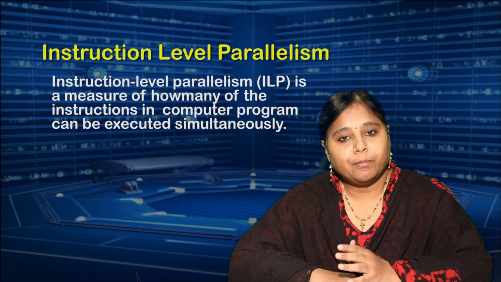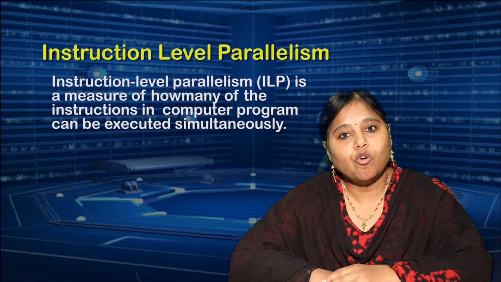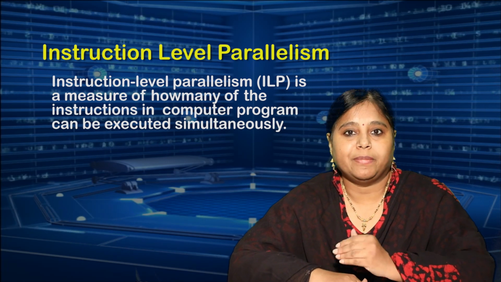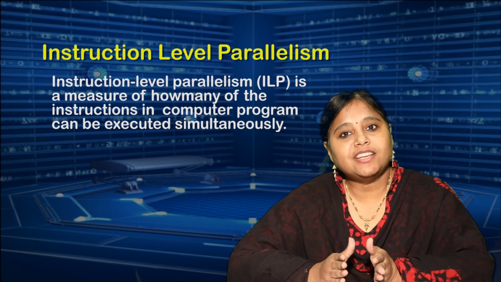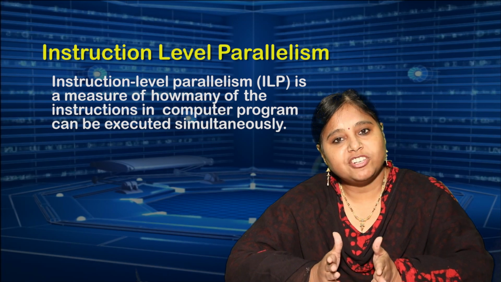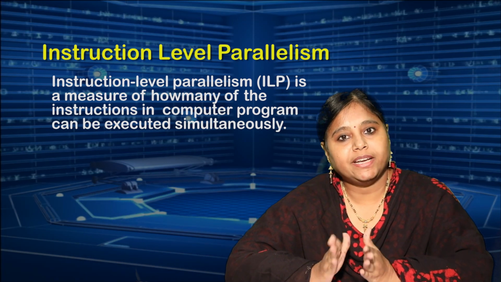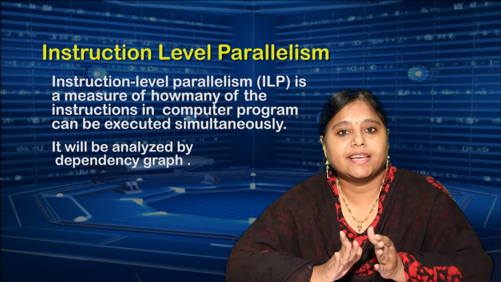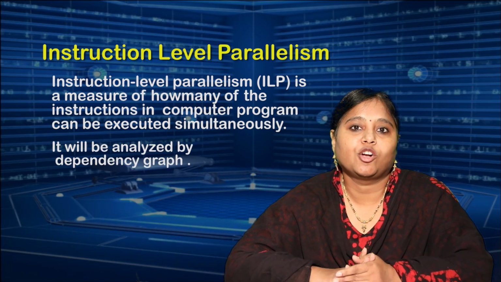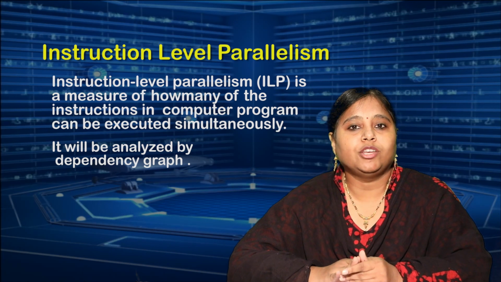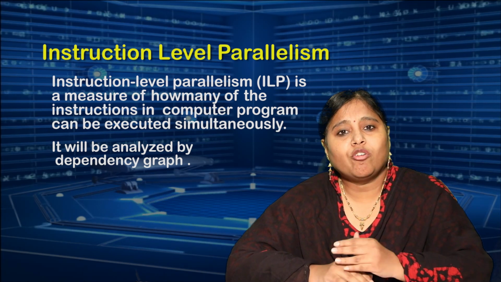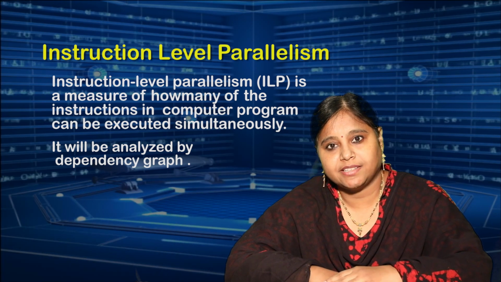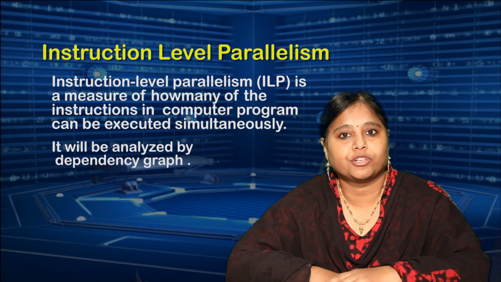That means from a particular piece of code, how can we analyze the parallelism implementation. For example, in a code of 10 instructions, if only 5 instructions can be run in parallel, then only 50% parallelism exists in that code. But how can we know by looking at the code? How can we analyze the instruction level parallelism from a particular piece of code?